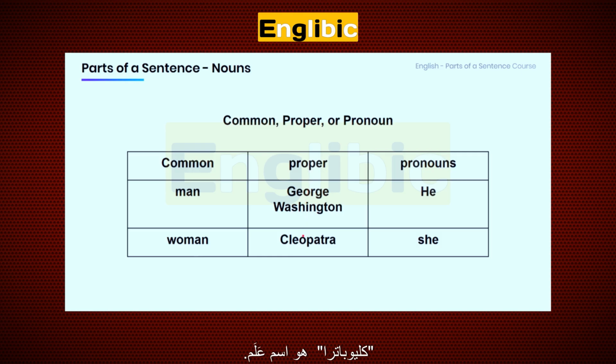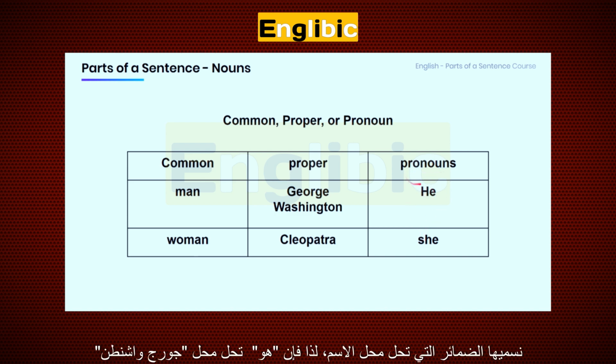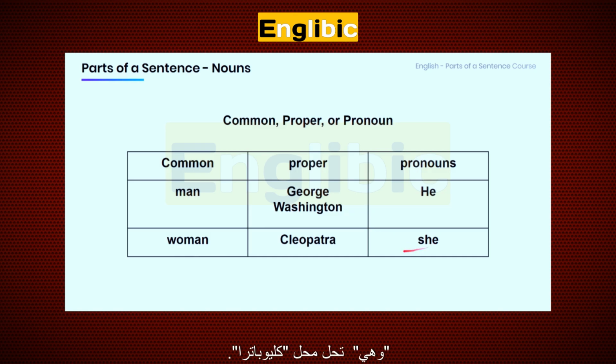Cleopatra is a proper noun. But man, right, there are many men. We're not talking about a specific one, so it is a common noun. And pronouns, these are types of nouns that we call pronouns that take the place of the noun. So he is taking the place of George Washington. She is taking the place of Cleopatra.